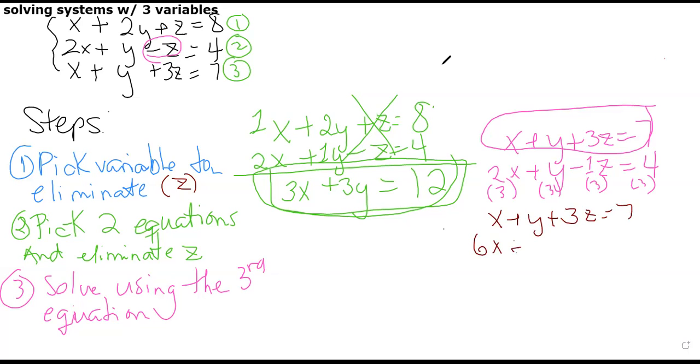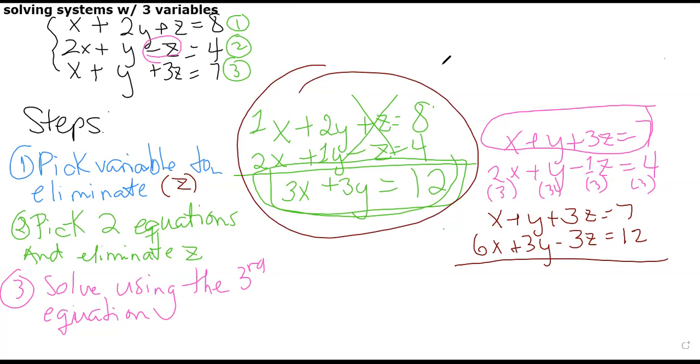6x. 1 times 3 is just 3y. And now I have a minus 3z equals. What is 4 times 3? 12. So now, just like I did over here, I'm going to combine my terms. So this is a 1.